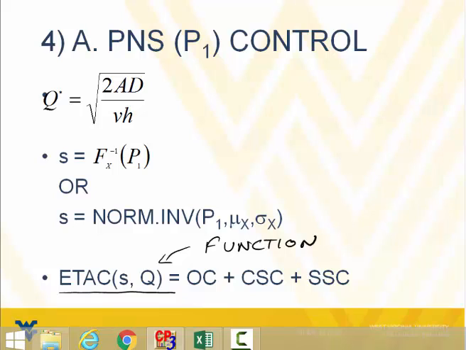And the name of the function is usually given on the outside. Okay? So the function for estimated total annual cost is a sum of all of these costs. And of course, Q is an input into order cost, Q is an input into the cycle stock cost, and S is an input into the safety stock cost. So this is when you calculate it by hand.